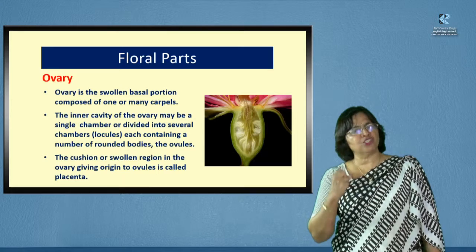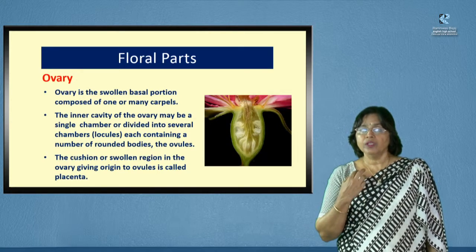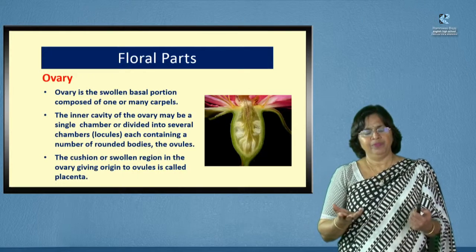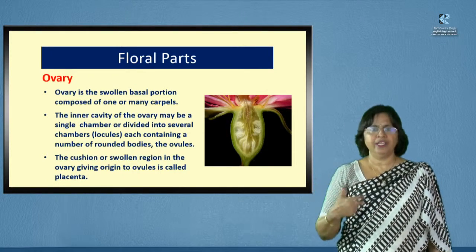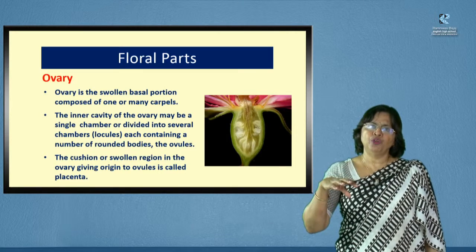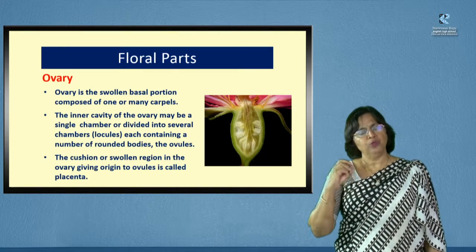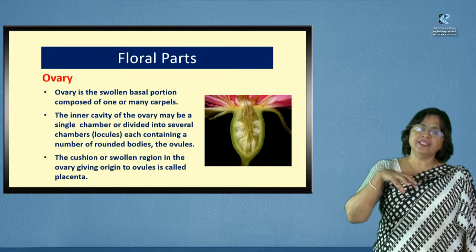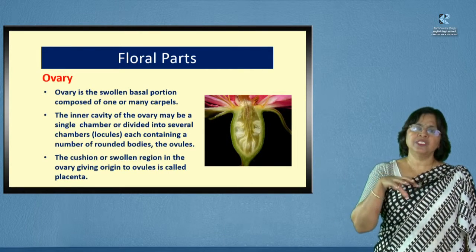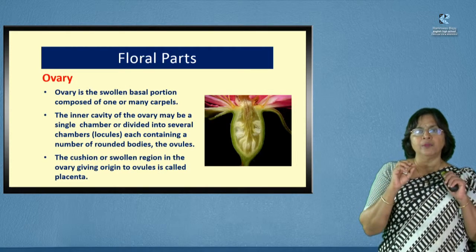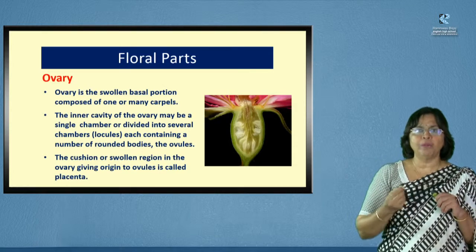Let us understand the structure of the ovary. The ovary, we know, consists of a chamber. It may be many-chambered, it may be a single-chambered ovary. Each chamber of the ovary is called a locule. So multiloculated or uniloculated ovary. And in these chambers, the ovules are produced. The ovules are produced from a tissue called placenta.